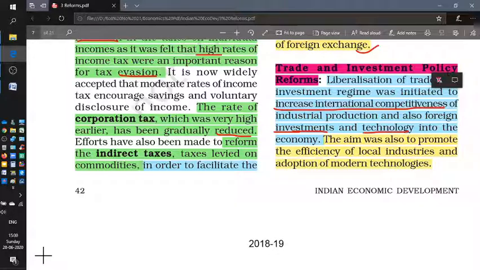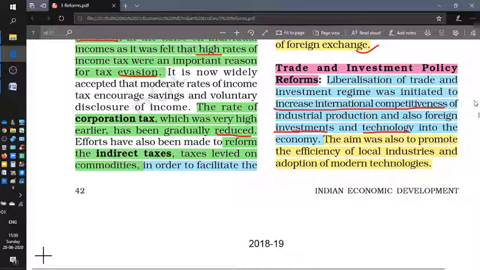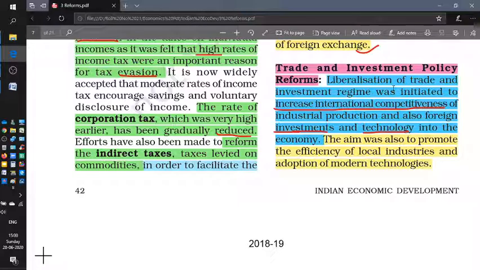So at the same time, in order to support industry, we need to change the structure of the system in trade and also the policy in investment. So that's why we need the last reforms, trade and investment policy reform. Why do we need them?